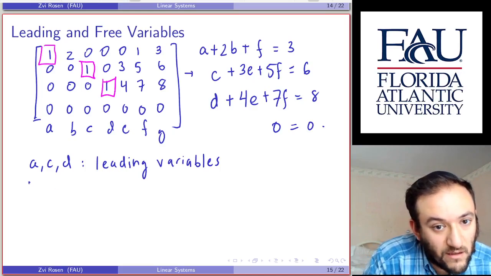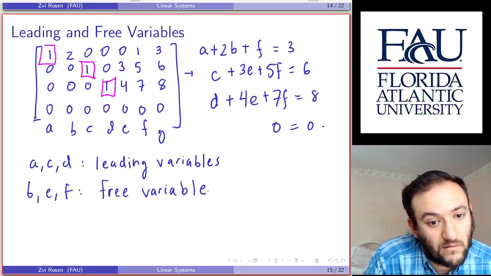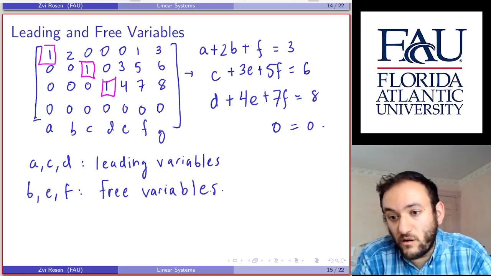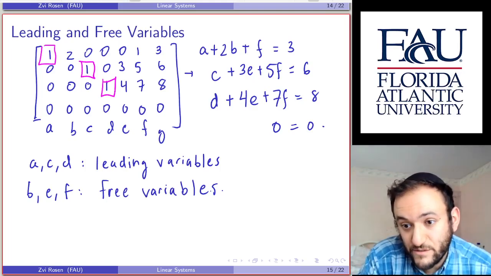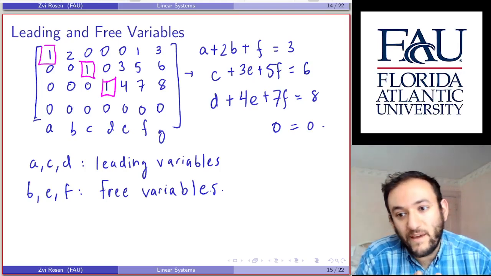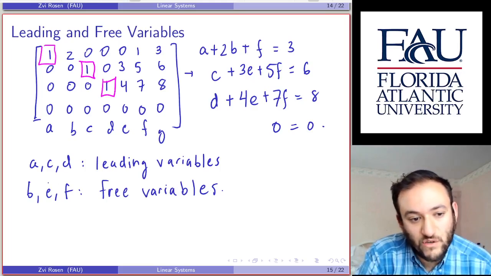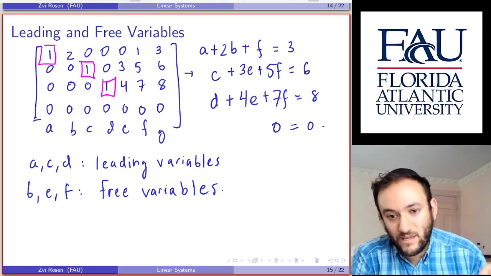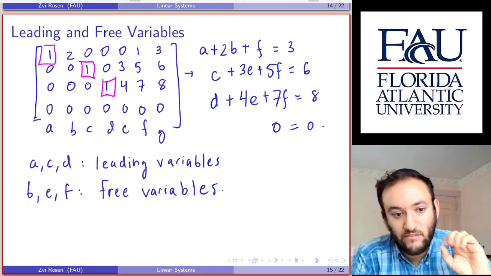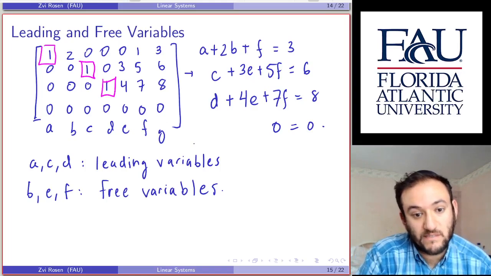On the other hand, B, E, and F are called free variables, and they can appear multiple times. They can be treated kind of like parameters. The way that we had substituted in t when we were describing that line, these also can be considered like t. They're variables that you can pick their values freely, and then they'll determine the values of the leading variables.